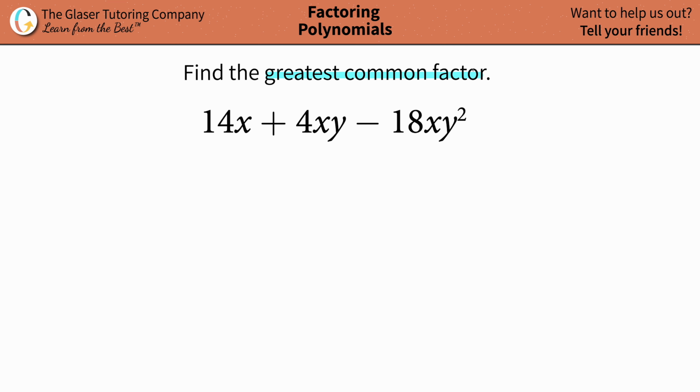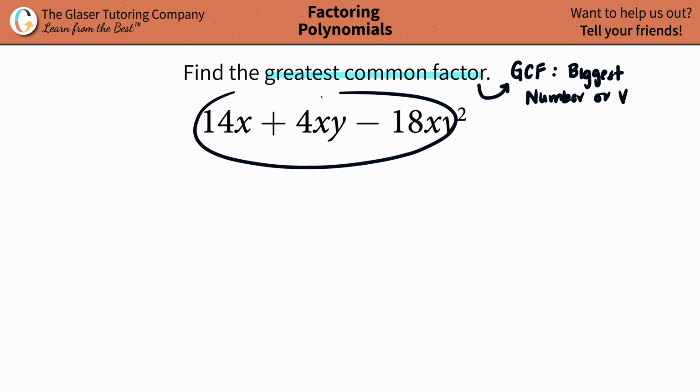Now, simpler terms, right? A greatest common factor is mostly simplified to a GCF, right? And you've probably heard of greatest common factor throughout your whole algebra or your whole math experience, right? So we're just bringing it back. Greatest means the biggest, right? So we need to find the biggest number or variable, because we're dealing with polynomials here.